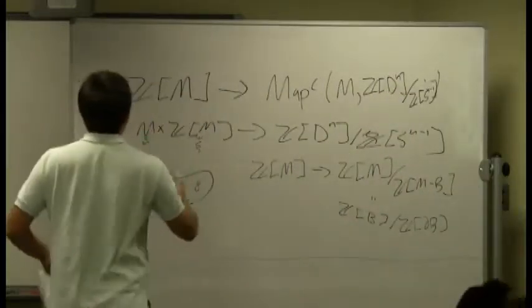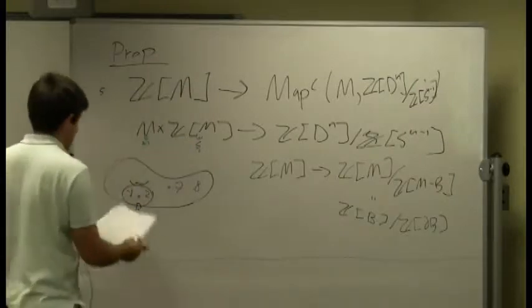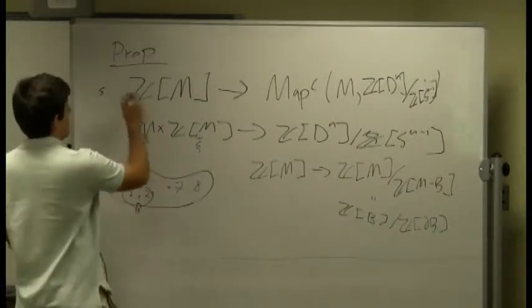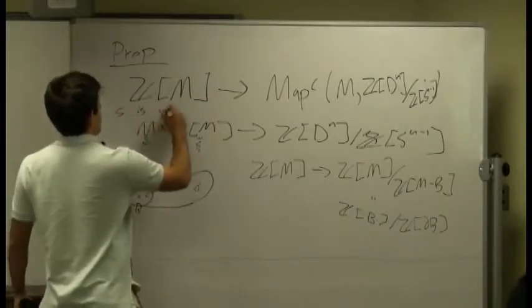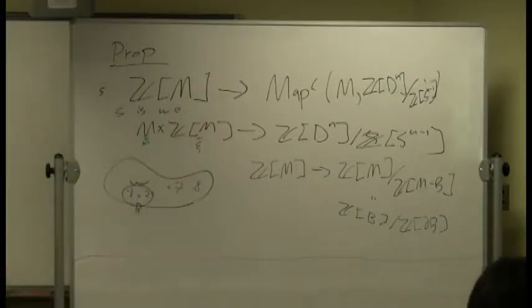And the proposition, which is maybe a folk theorem, is that S is a weak equivalence. And corollary, you take homotopy groups of this statement, you get Poincaré duality.